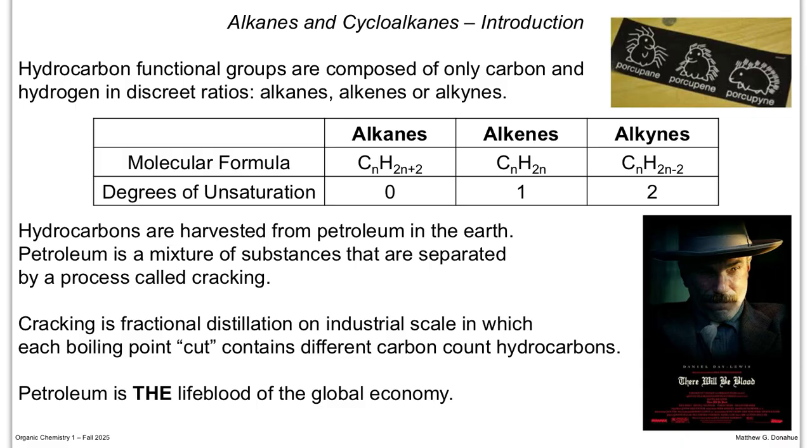And so, as we know, petroleum produces gasoline, but there's other things in it. So these constituents, which are hydrocarbons, so just CC and CH bonds. And then from that, we're going to learn how to apply reactions to make more complex molecules.